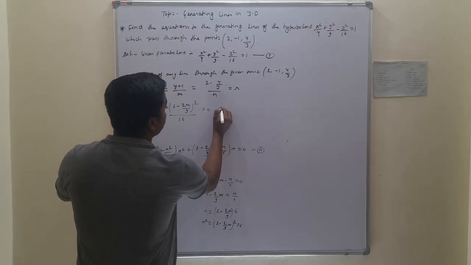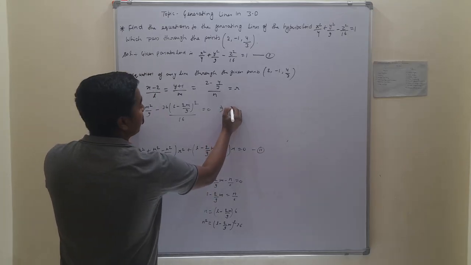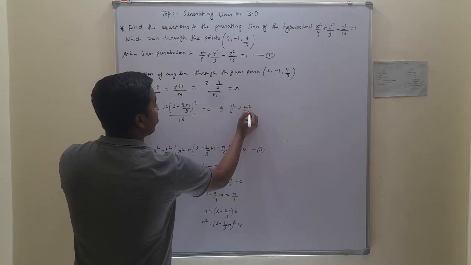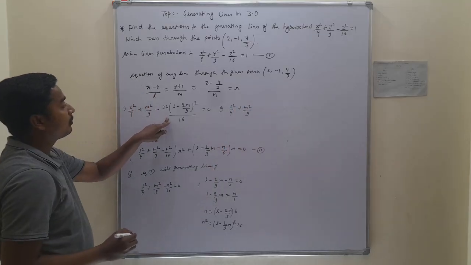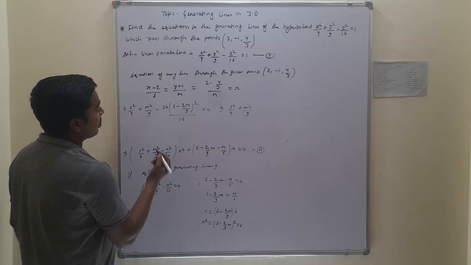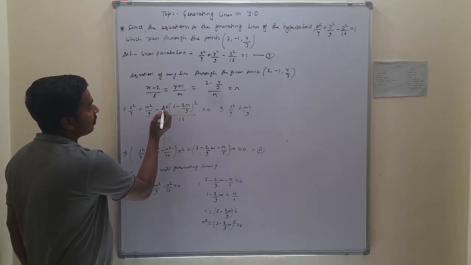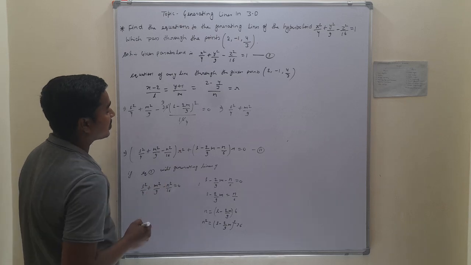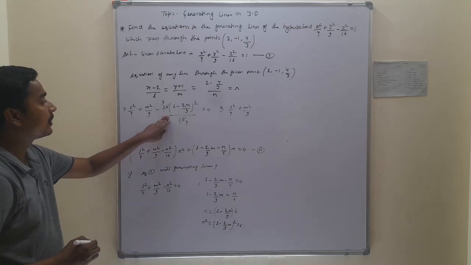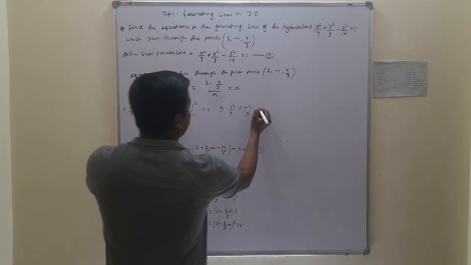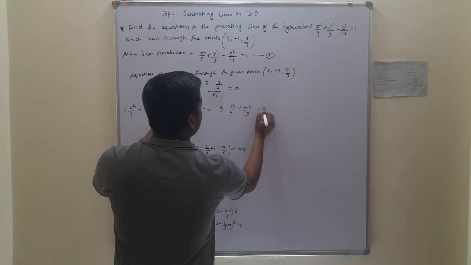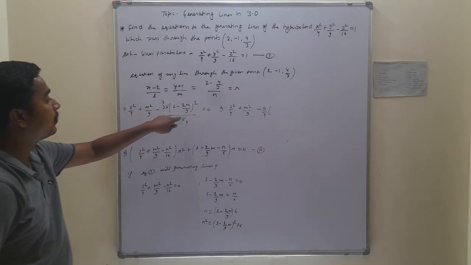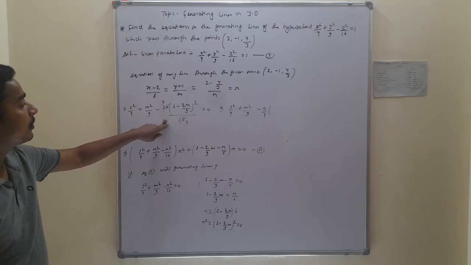Solving this equation, we get l square by 4 plus m square by 9, and here we have to open. First we have to cancel out the terms. 4 9s are 36, 4 4s are 12, 4 4s are 16, and we get minus of 9 by 4 and open l minus 2m upon 9 whole square.